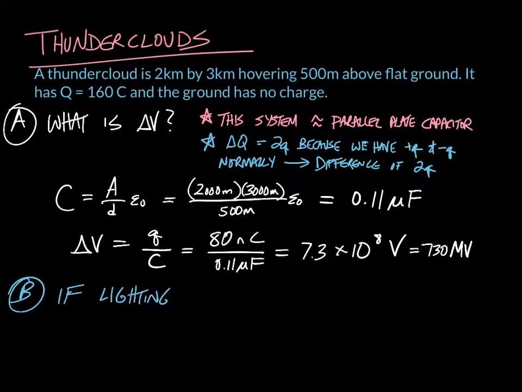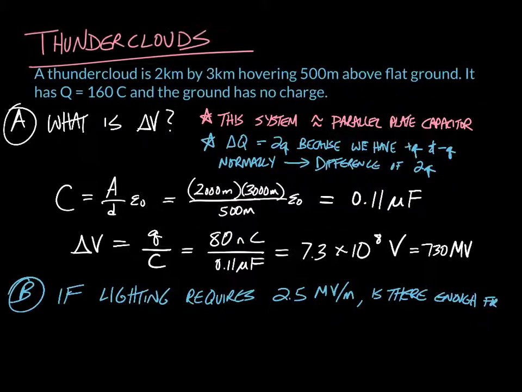If lightning requires 2.5 megavolts per meter, is there enough for lightning? That's supposed to be lightning. That's why they don't let me teach English. All right, lightning. Okay, there we go.